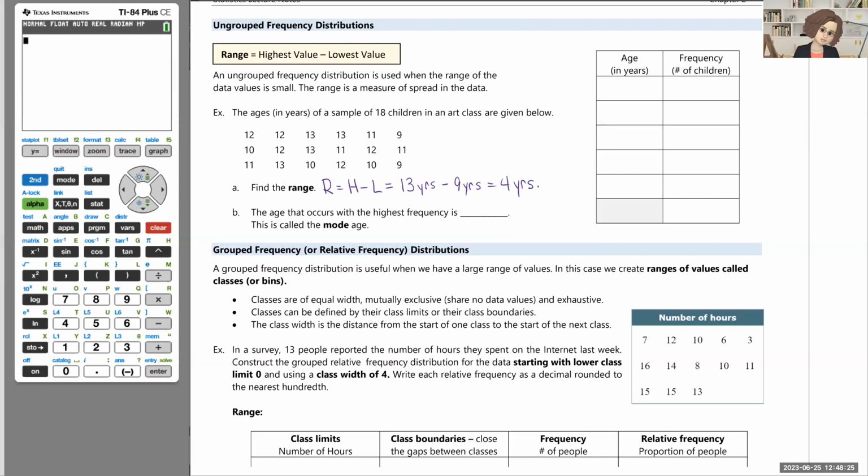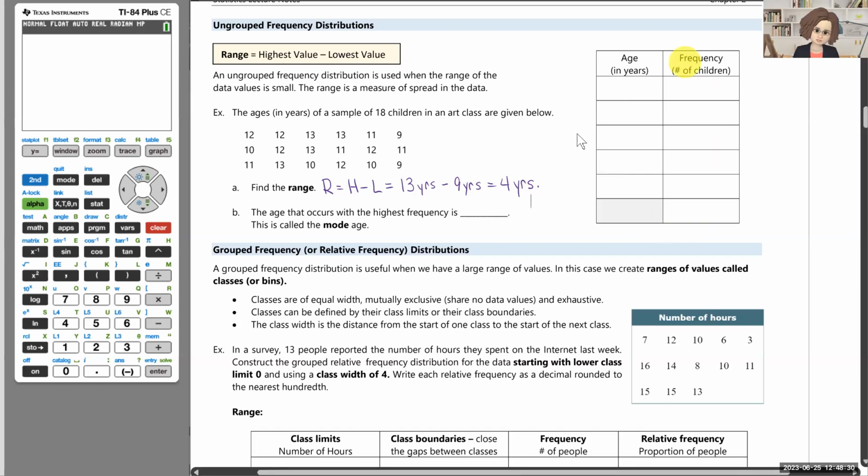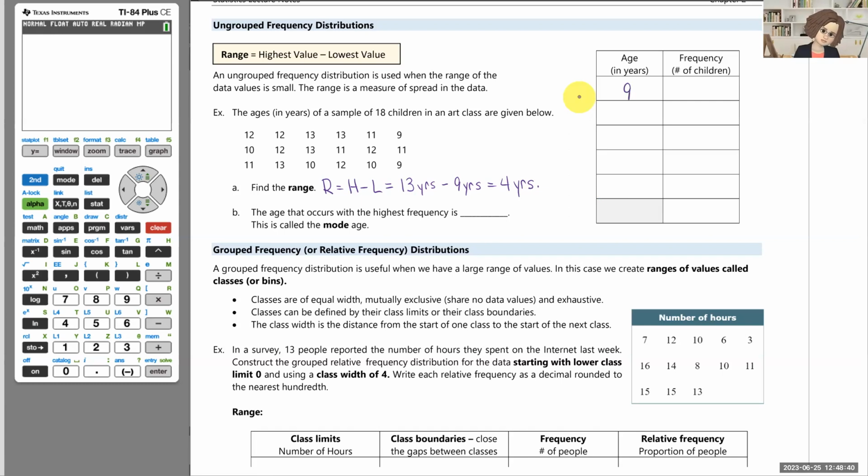So because that range isn't very large, what I'll be able to do in my frequency distribution is list those ages going from 9 to 13 one by one. And that's why it's called ungrouped. So we can just look at 9-year-olds and then 10, 11, 12 up to 13-year-olds. And then we go through and we do some counting.